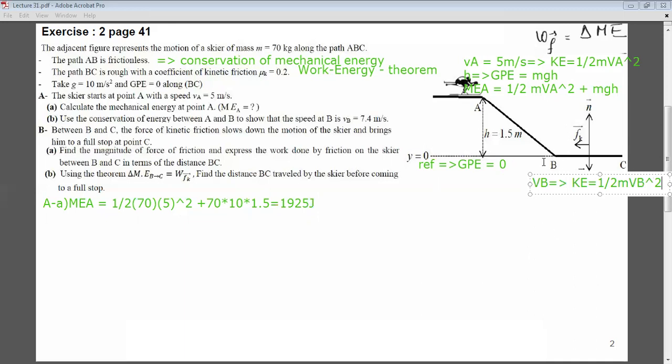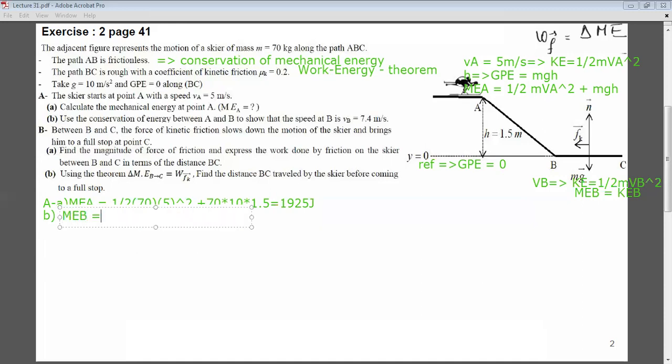There is no h, it's at the reference of GPE, so the mechanical energy is just the kinetic energy. So let me write it here, mechanical energy at B is just the kinetic energy.